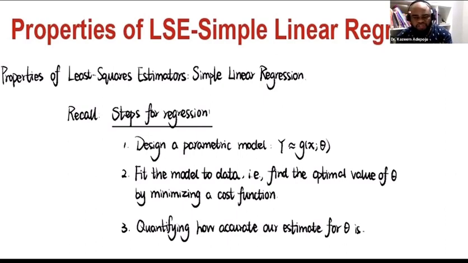Now, the whole thing is going to start, like I said, with an assumption. Statisticians normally start with an assumption of what the model is going to be. But I told you the other time, a very good way to start is to generate what I call a scatter plot.